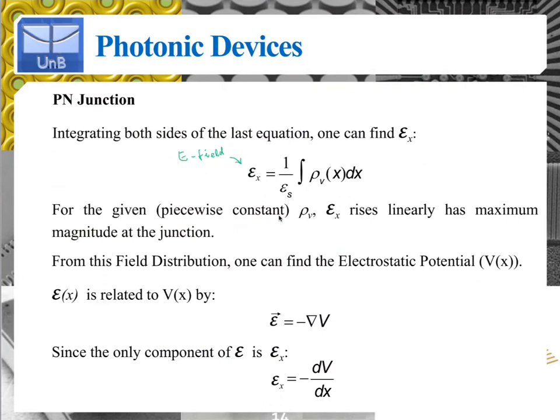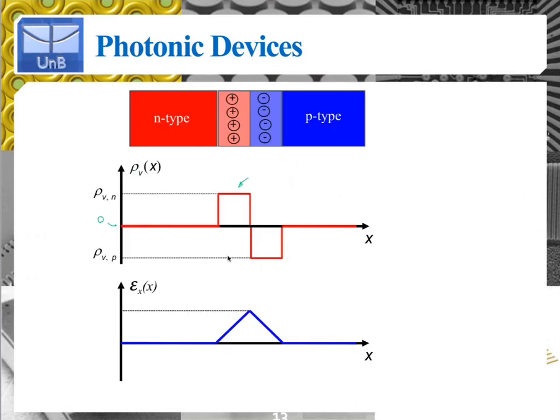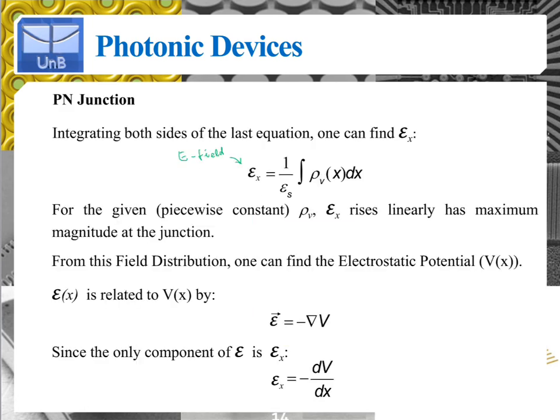Now, since we know rho v, we can easily integrate. So rho v is this, right? We assume that it was uniform, so the charge density is positive and uniform in the N-type side. It's negative and uniform, constant in the P-type side.